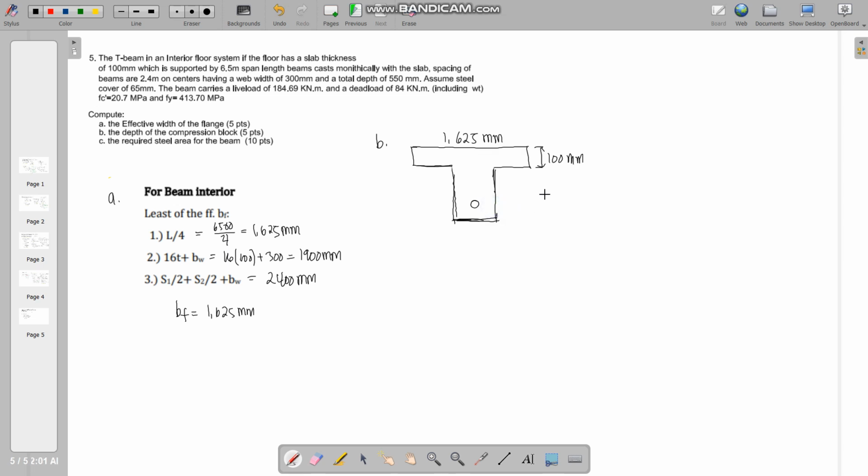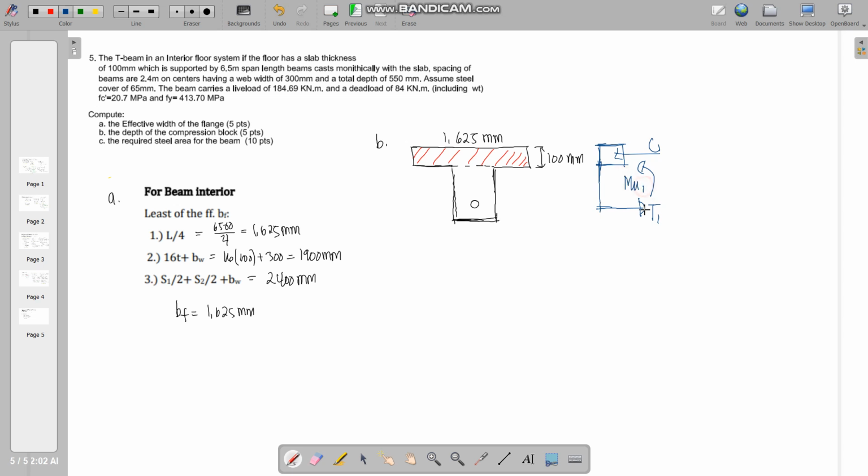Let's say we have here our T-beam. So of course, this flange area will have its corresponding moment capacity. Let's say that would be the initial capacity of the flange.